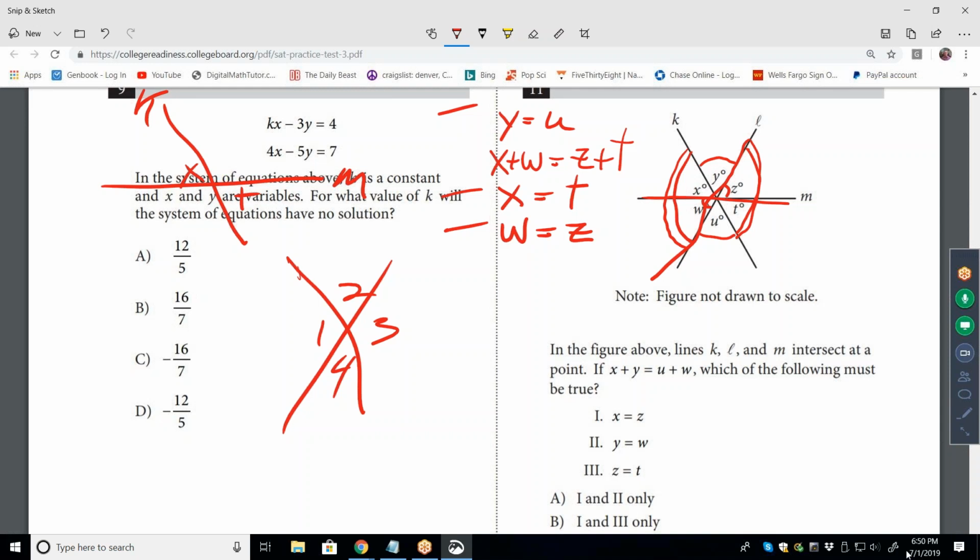I could also say x plus y plus z equals what? x plus y plus z, in other words, this angle right there, equals what?